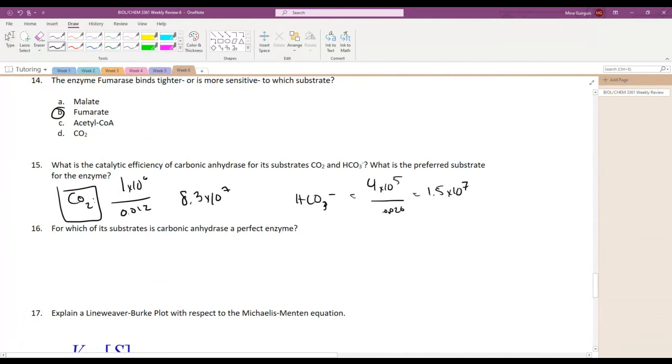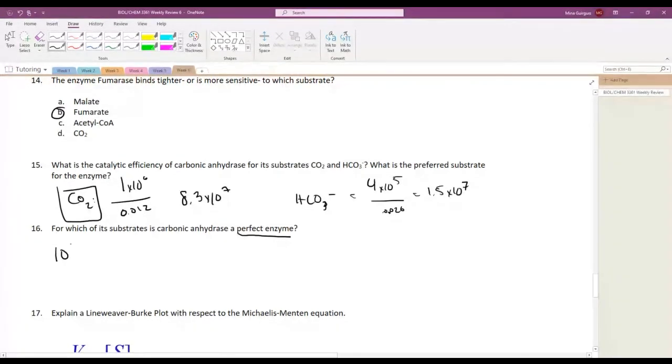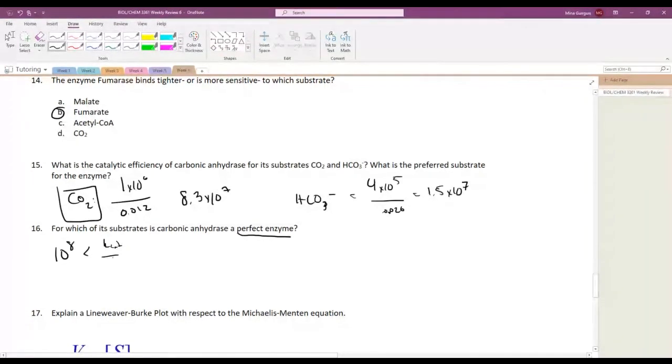So perfect enzymes are really, really efficient enzymes, basically. And we call them perfect enzymes because it's kind of separating them out from every other enzyme and saying that it's exceptionally good for its substrate. And as was mentioned in the chat, that threshold is about 10 to the 8th, okay? 10 to the 8th, kcat over Km.